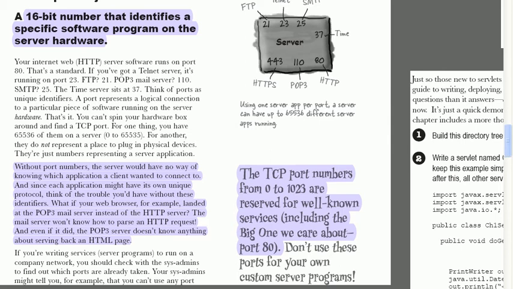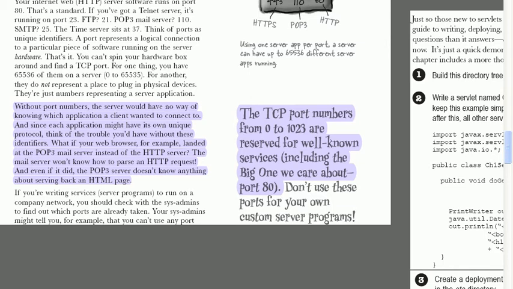So I need to make sure that the request that I'm sending to the server is accepted by the right process, which is the HTTP server process running on port 80. If I were to send an FTP request, then I would specify port 21, and 0 to 1023 ports are TCP ports, and they're reserved. So whenever you want to use your own port, make sure you don't use any one of the ports within this range.